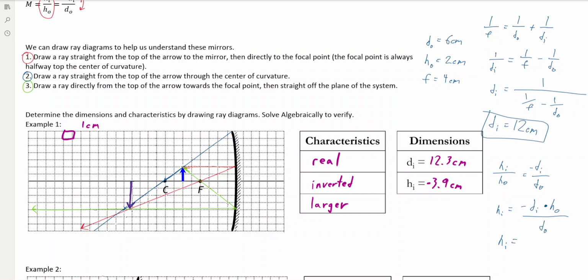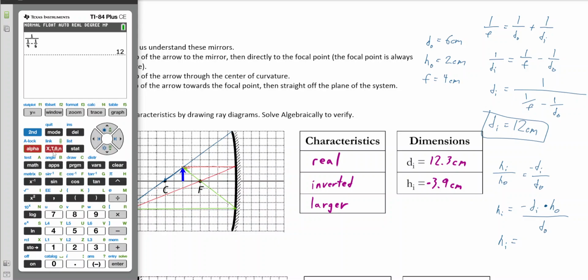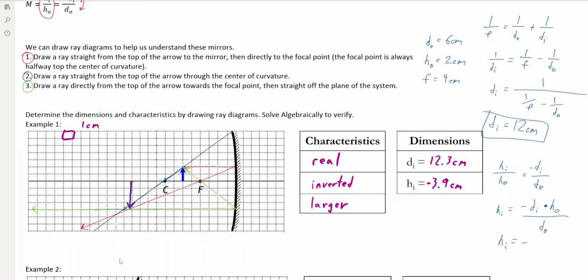All right, so now we can plug that all into our calculator as well. So we're going to go like this, negative DI, which is 12, times HO, which is 2, over DO, which is 6, and we get negative 4 as our result. So again, it's negative 4 centimeters. This is very close to, but not perfectly, what we got with the graphical method.